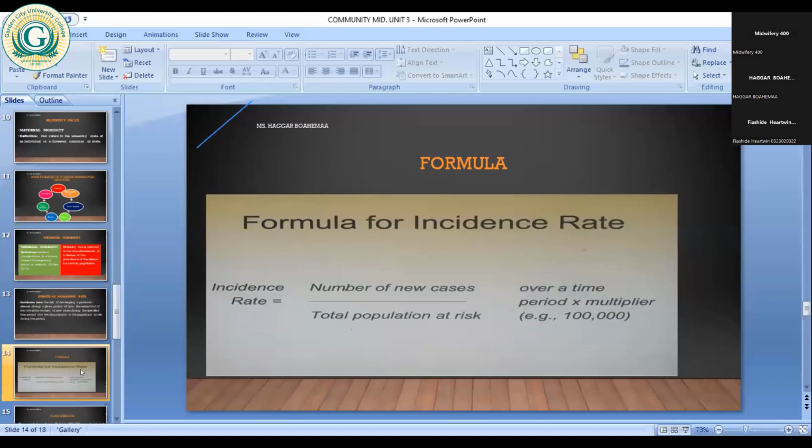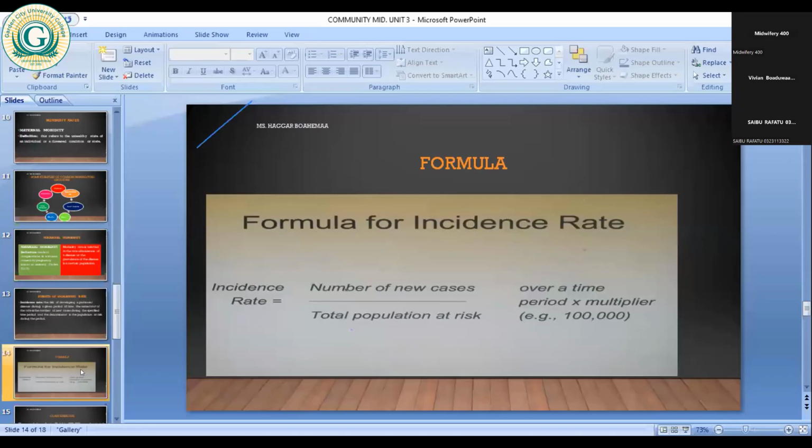And here our total population at risk will be the pregnant women, because we are talking about the pregnant women. Are you with me? Over a specific period of time, multiply by 100,000.